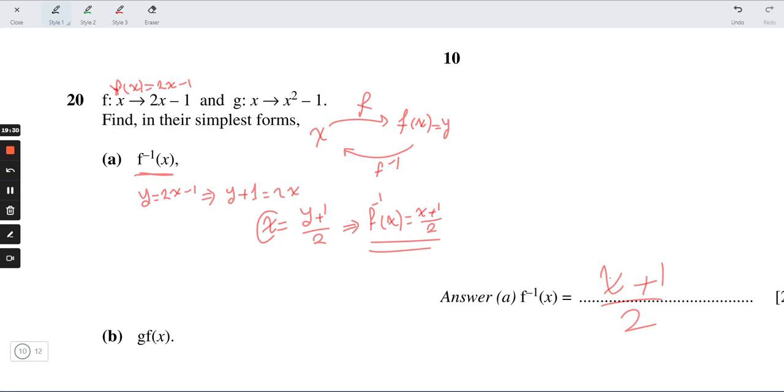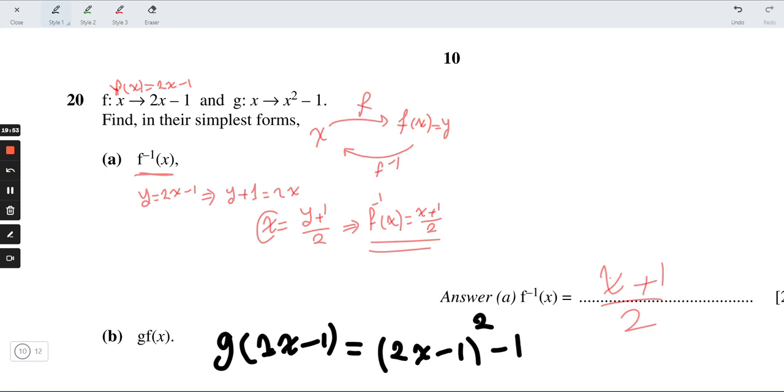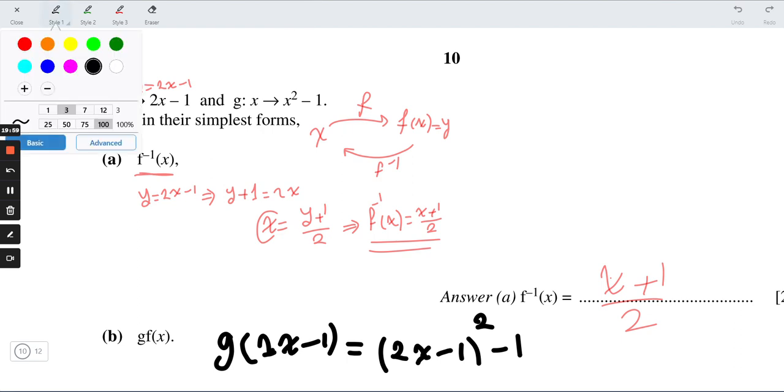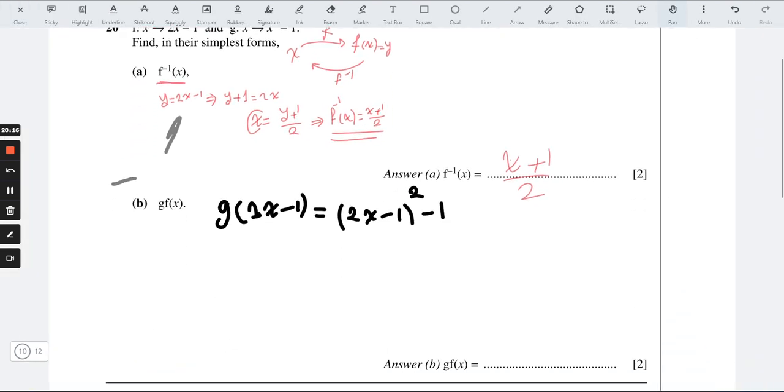So here we write the following: g of f of x is g of 2x minus 1, which is equal to, we will put 2x minus 1 instead of x in g, so it will be 2x minus 1 to the power of 2 minus 1. So now we should expand it here.